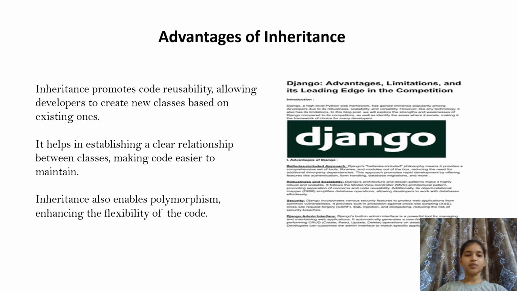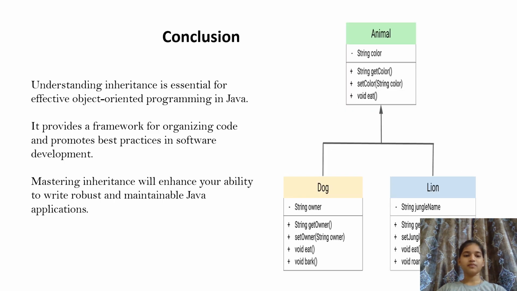The advantages: inheritance promotes code reusability, allowing developers to create new classes based on existing ones. It helps establish a clear relationship between the classes, making code easier to maintain. Inheritance also enables polymorphism, enhancing flexibility of code.